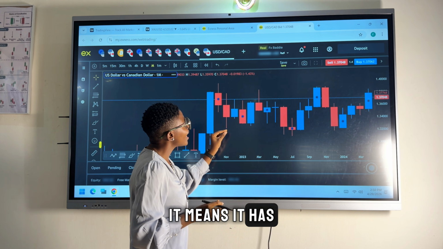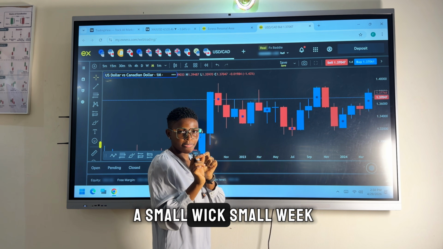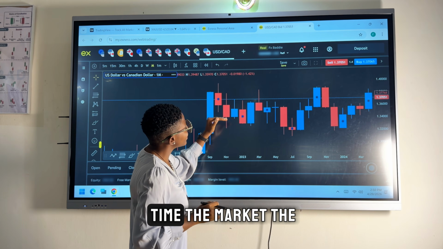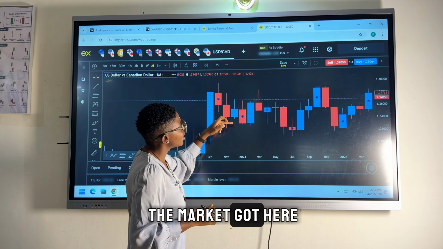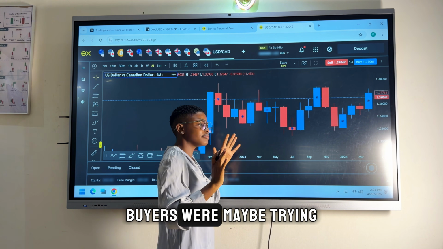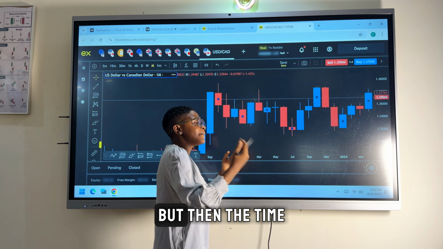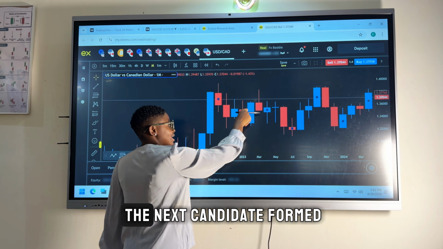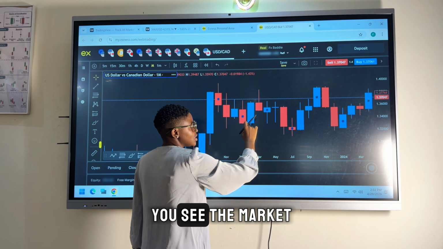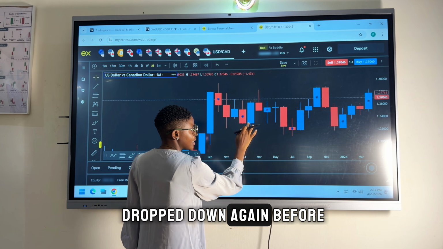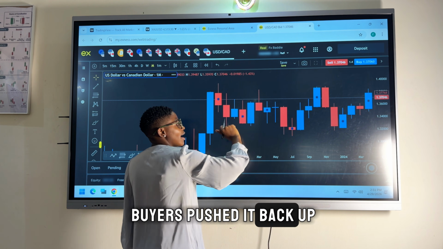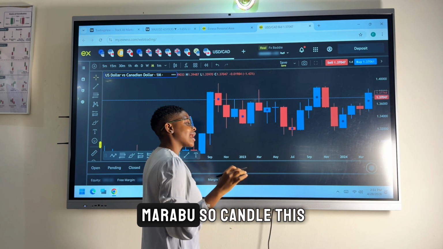It means it has a small wick. It means by the time the market got here, buyers were maybe trying to push the market up, but then the time elapsed. That is why the next candle that formed, you see the market dropped down again before buyers pushed it back up, and this is a Marubozu candle.